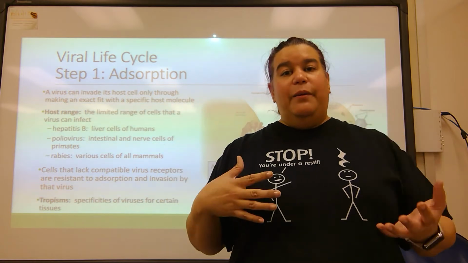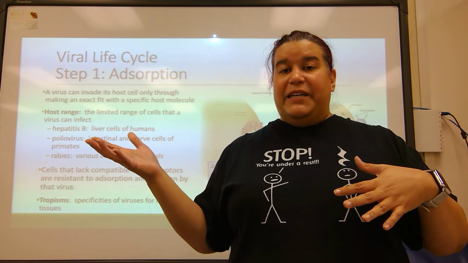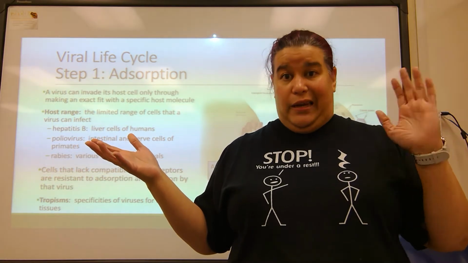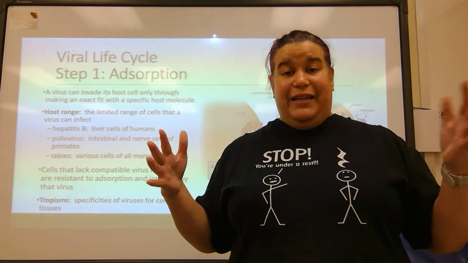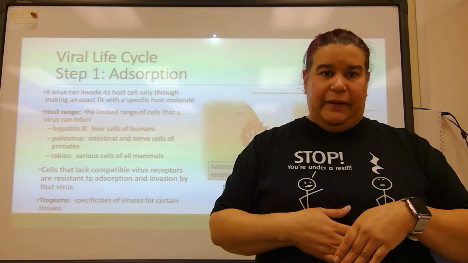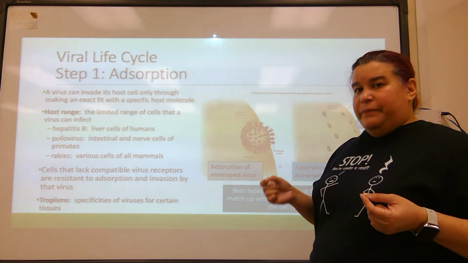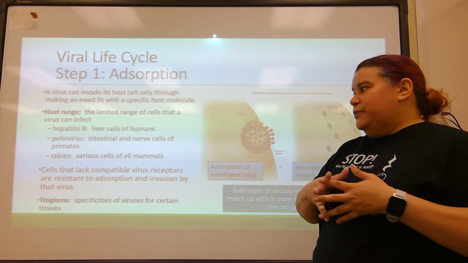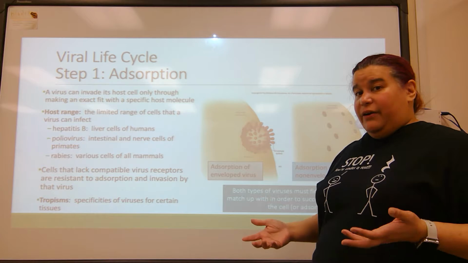So when it comes to hepatitis B, it's humans and only the liver. But when it comes to rabies, it's a huge window compared to that small window for hepatitis B. Cells that lack a compatible virus receptor, the thing the spike binds to, are resistant to adsorption and invasion by that virus.